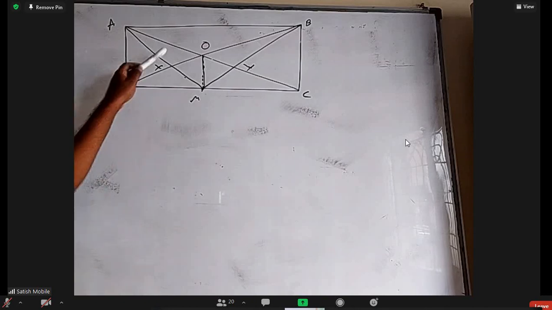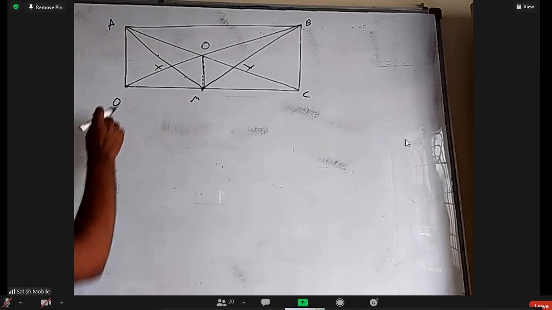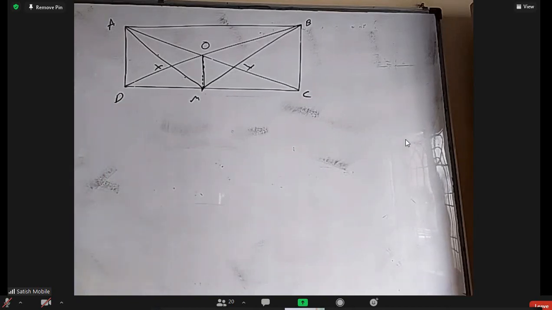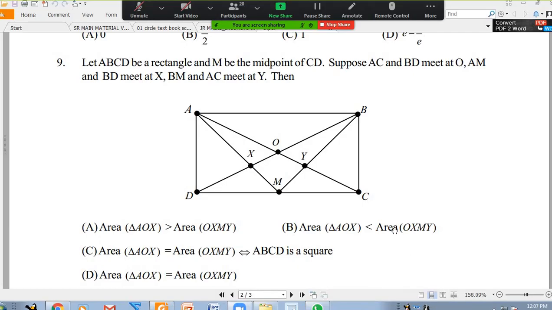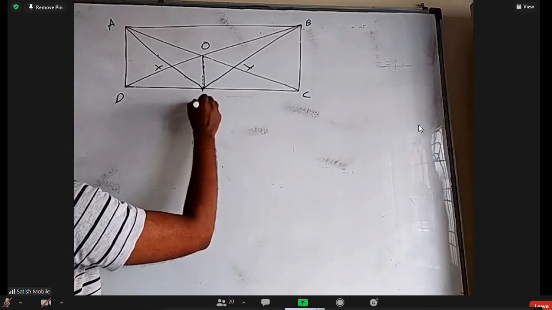This is OX and Y. I'm sure I can do it by simple triangles.